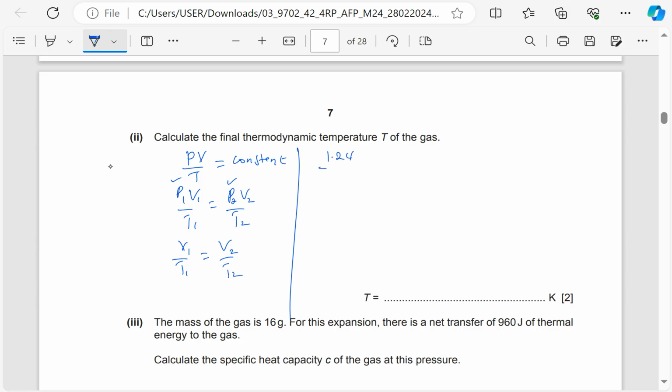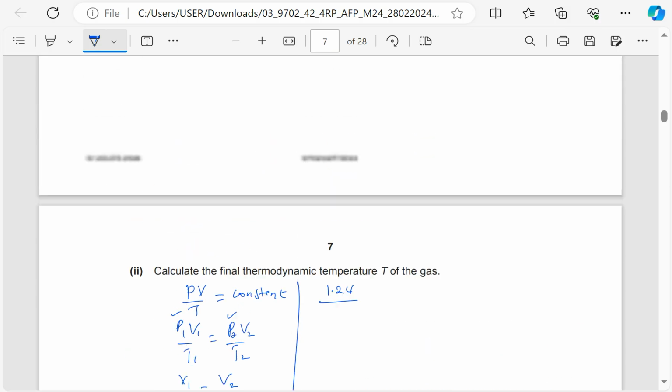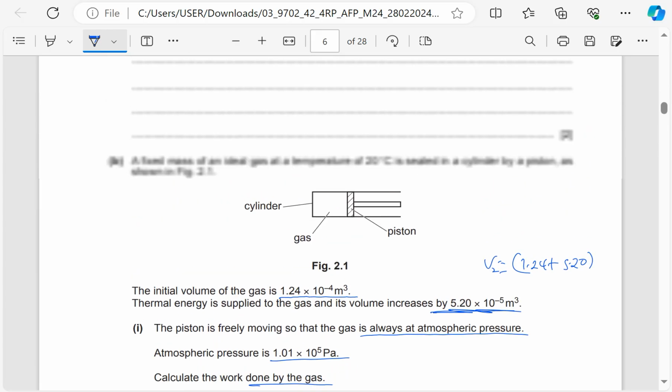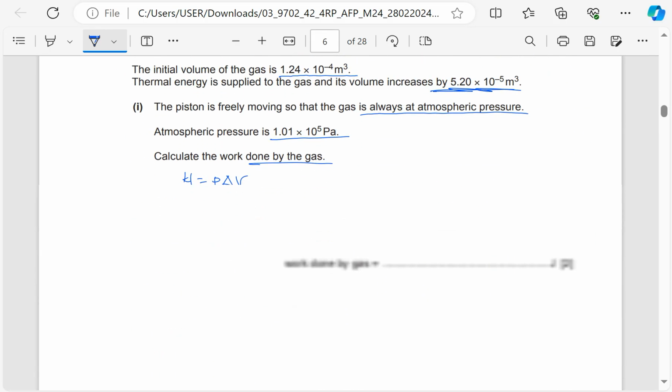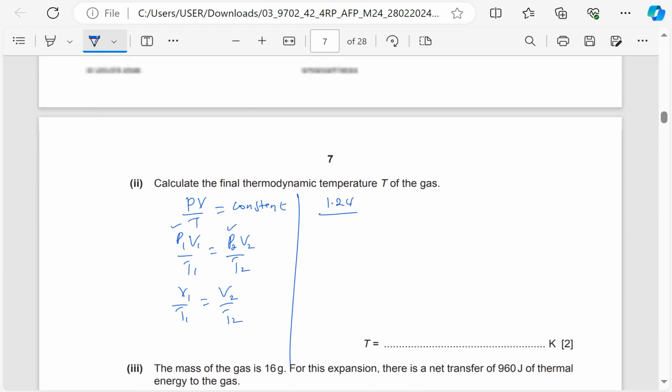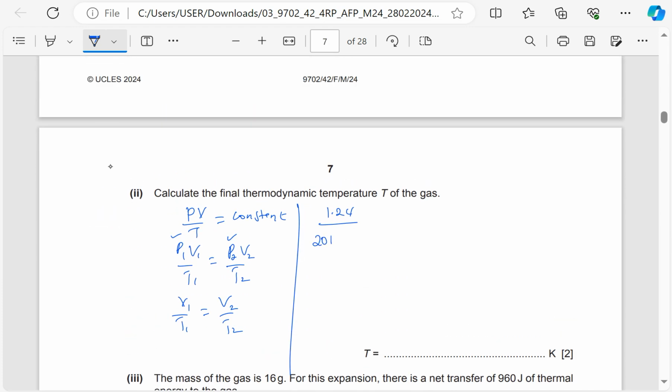So this is going to be 1.24 divided by T1. T was 20 degrees Celsius, so over 20 plus 273, to change it to Kelvin, should be equal to V2, which is 1.24 plus the increase in volume.